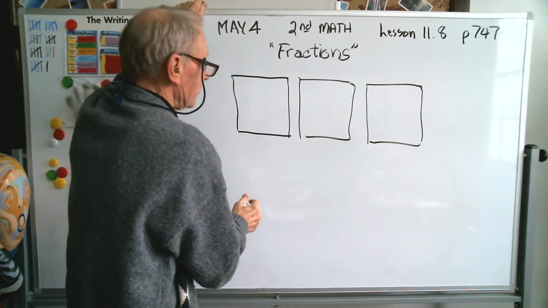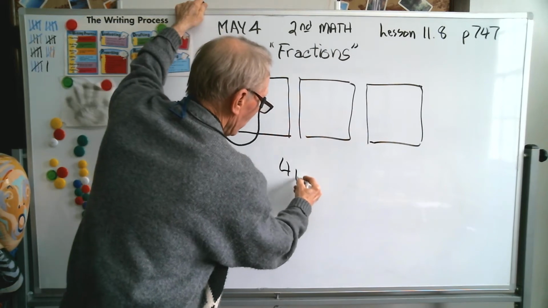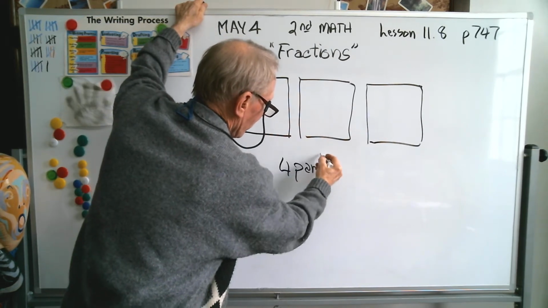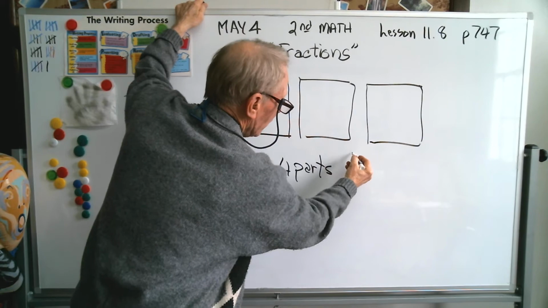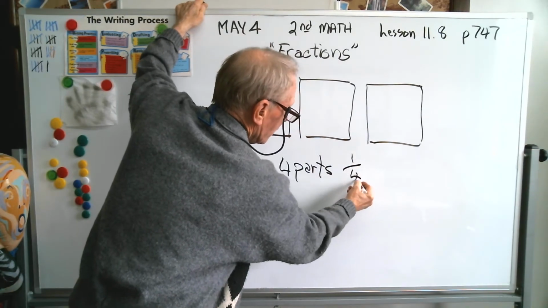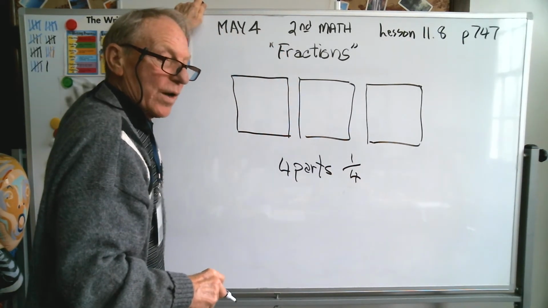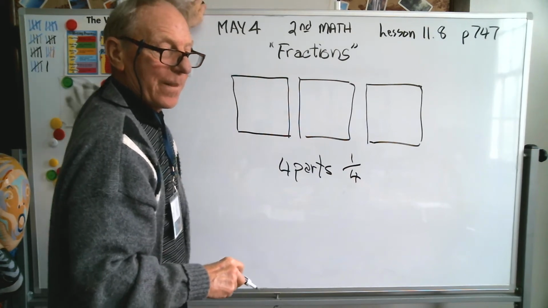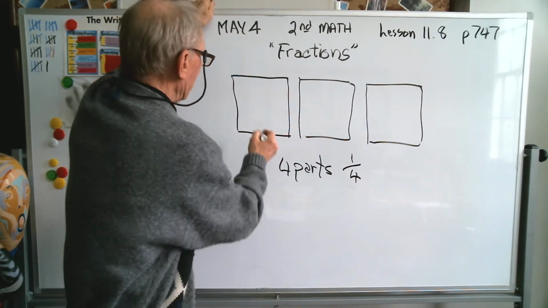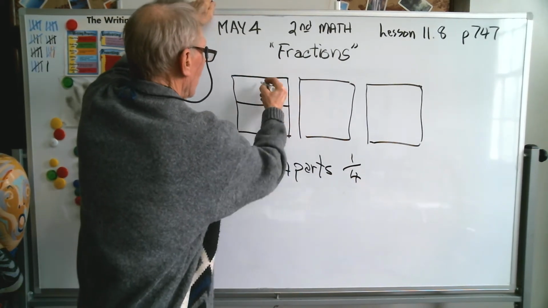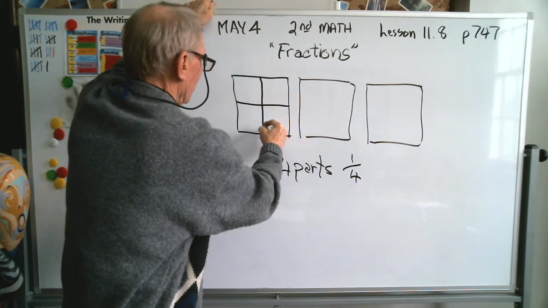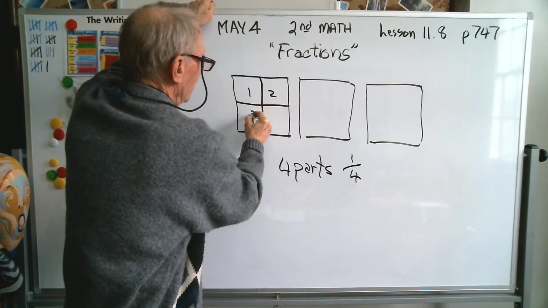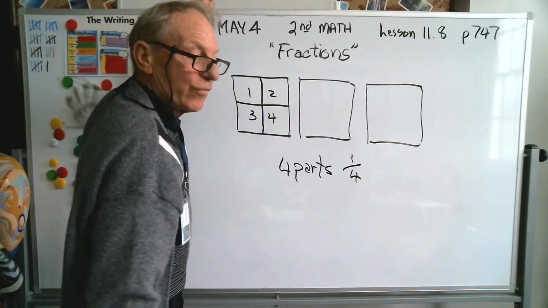It wants this into 4 parts, or the fraction would be 1/4. Well, right away we know that if we go across the middle and across the middle there, we've got 1, 2, 3, 4 parts.